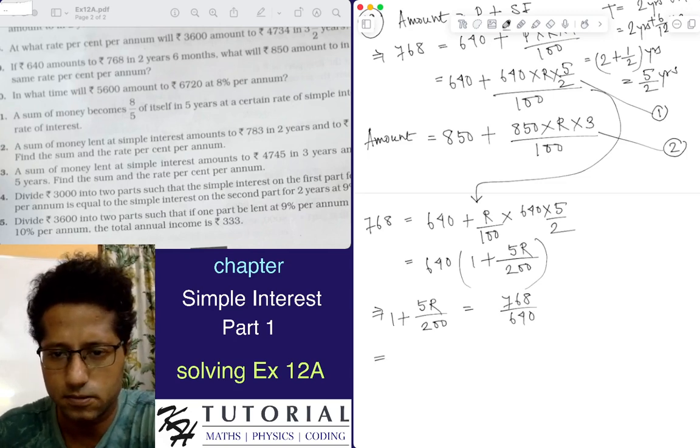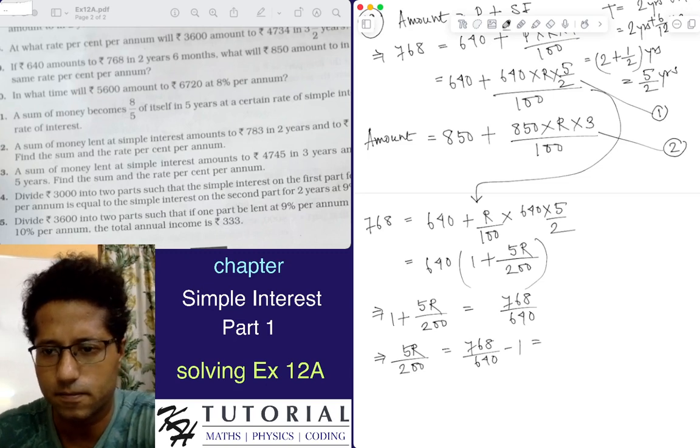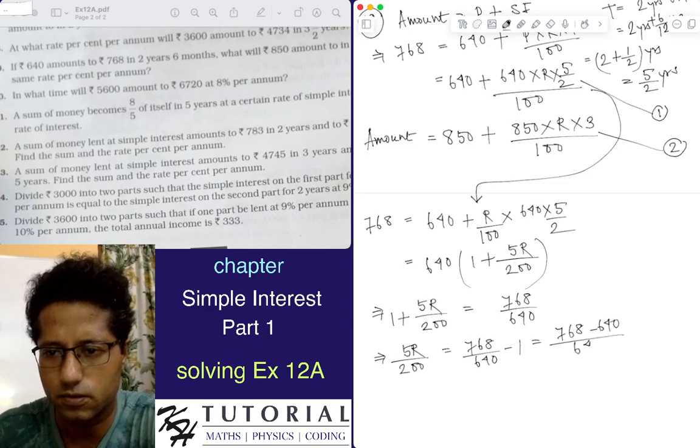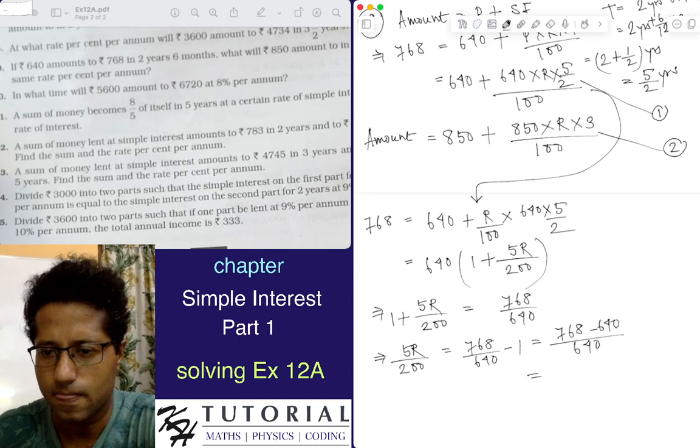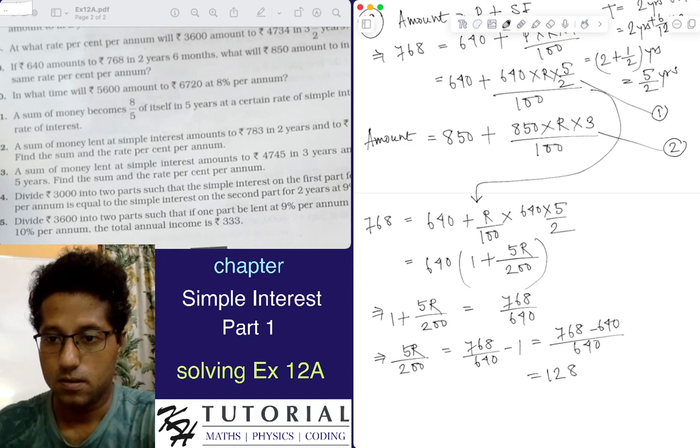This implies 5R by 200 will be equal to 768 by 640 minus 1. This is 768 minus 640 divided by 640. This is 128 by 640.